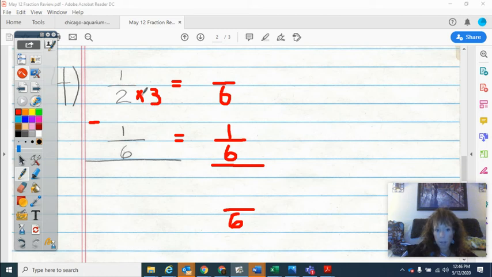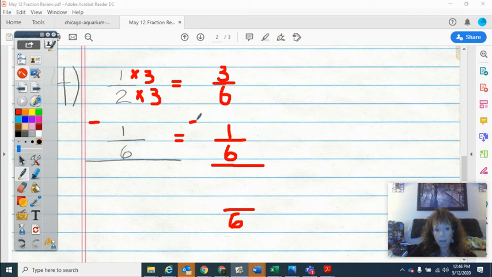If I multiply my denominator times 3, I'm going to do the same thing with my numerator to keep them equal fractions. 1 times 3 is 3. So 1/2, 1 out of 2, is equivalent to 3/6, 3 out of 6.